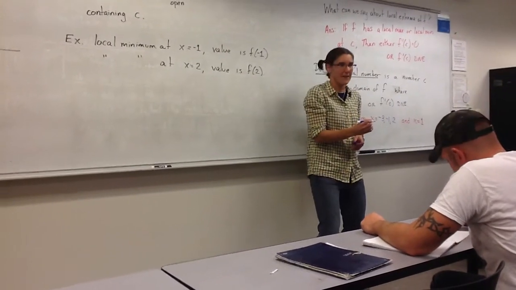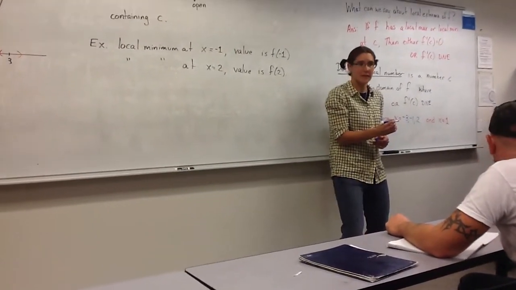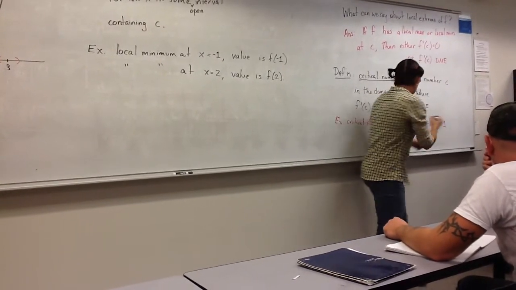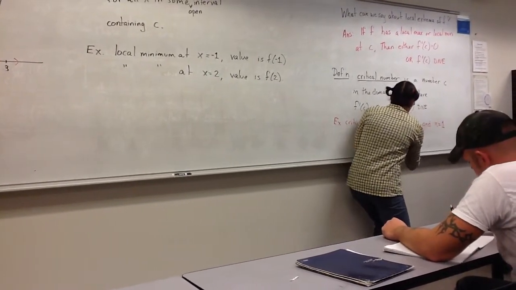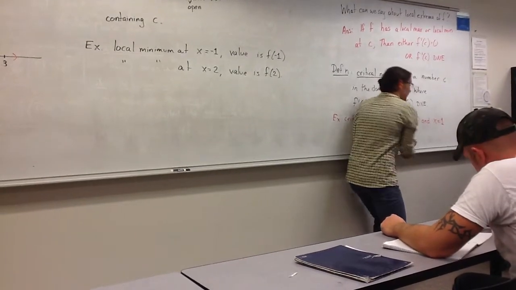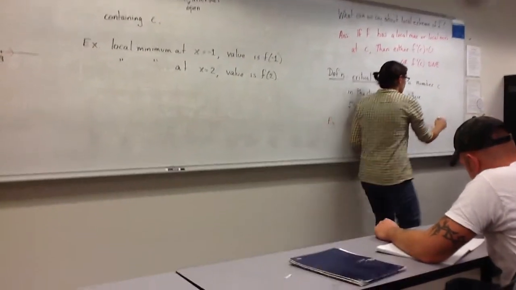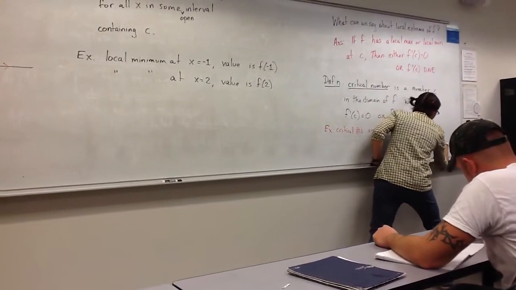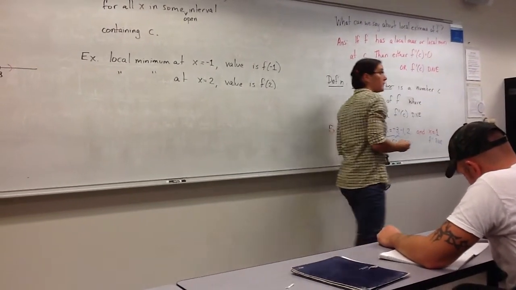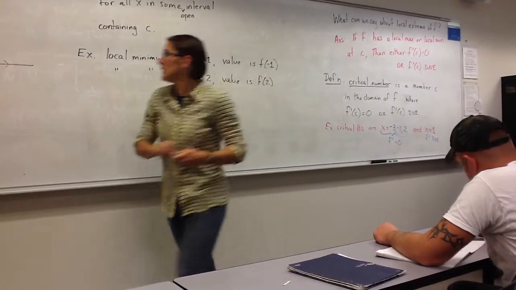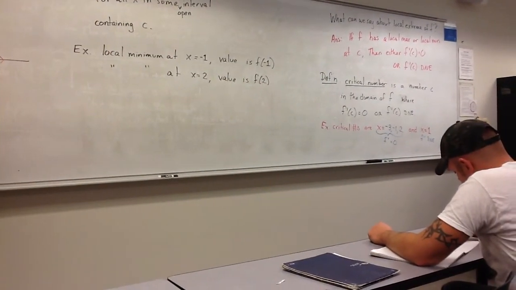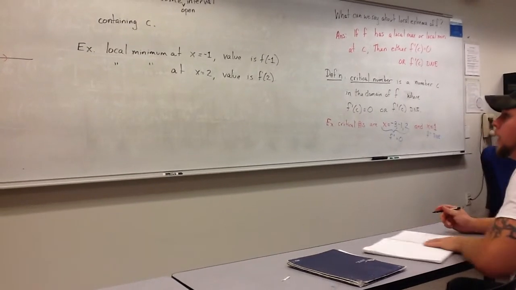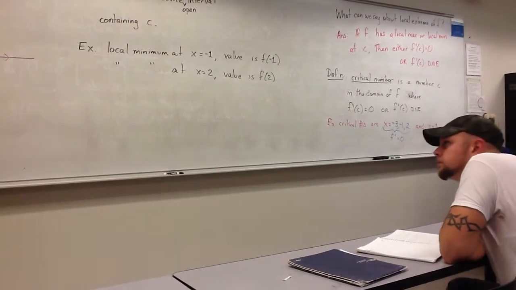And so these are the places where f prime is equal to 0. And this last one, x is equal to 1, is a place where f prime does not exist. And that occurs right here at our cusp. Okay. Other questions or comments?